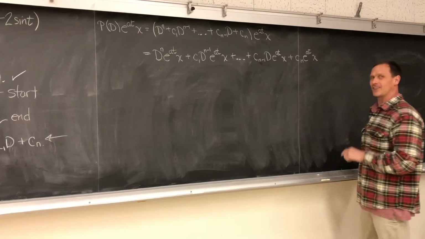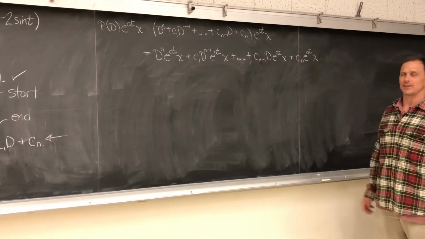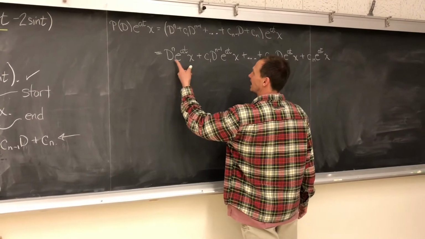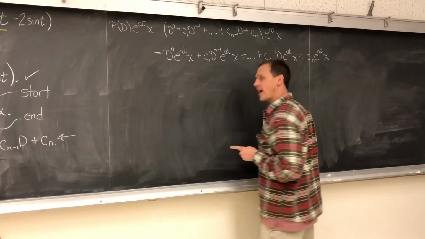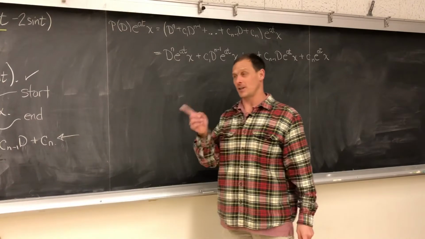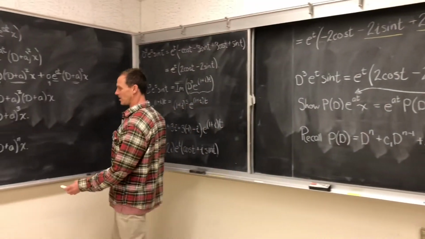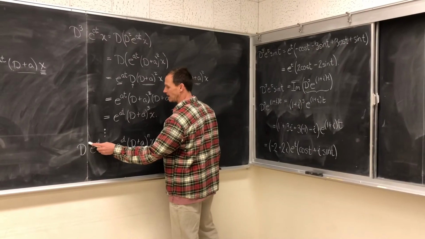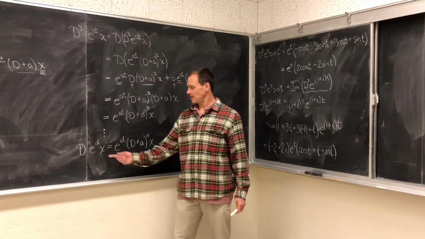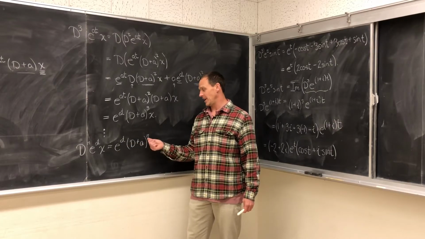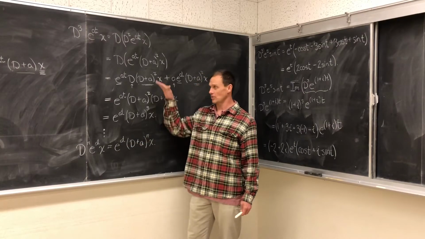Okay, I know that's a lot to write, but it's good practice to see the pattern develop. At least I think so. This d to the n e to the at x that we have over here, let's go back and make a quick reference. This right here, d to the n e to the at x, is e to the at times d plus a to the n, x. That's what we had shown previously.